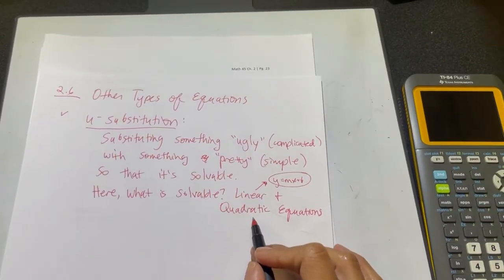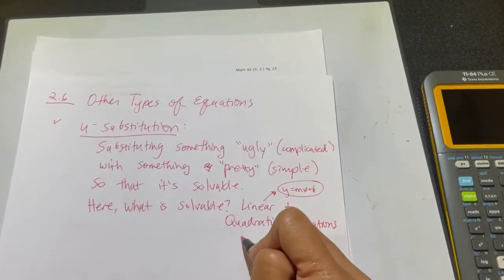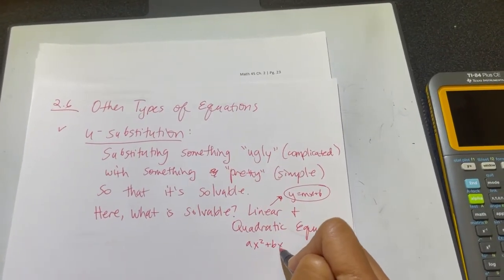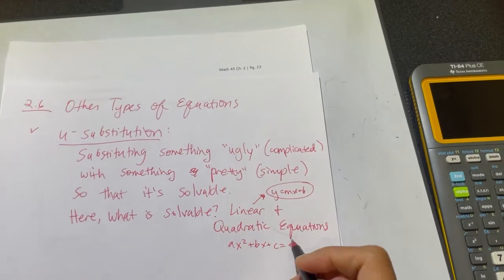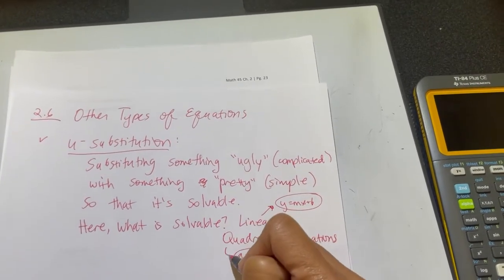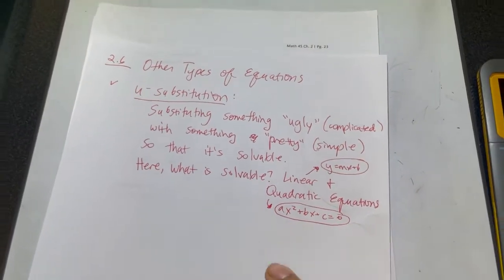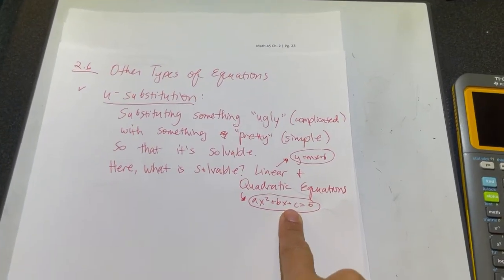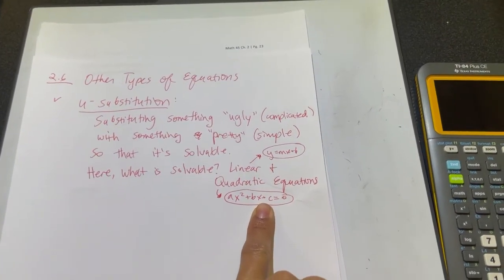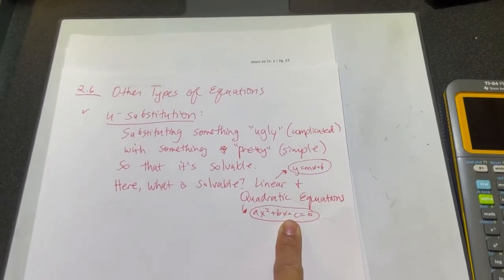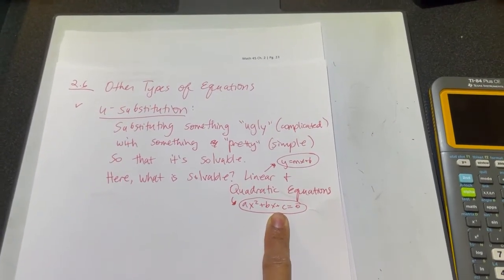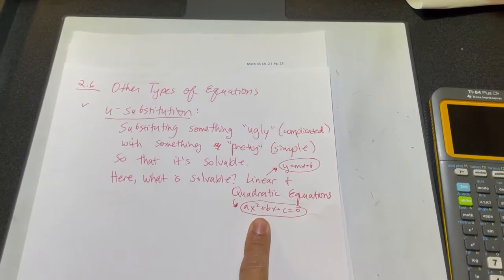Quadratic equations are anything with a square in it, so ax squared plus bx plus c is equal to 0. If you could get an equation in this form, then we could use factoring, the square root method, completing the square, or the quadratic formula. If you get it in this form, then we could solve it.